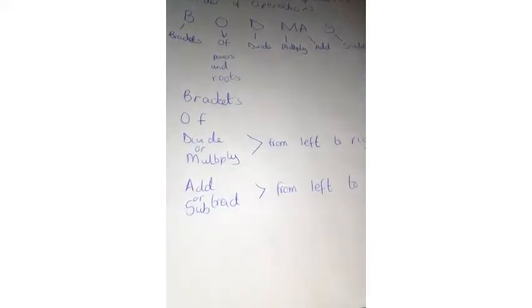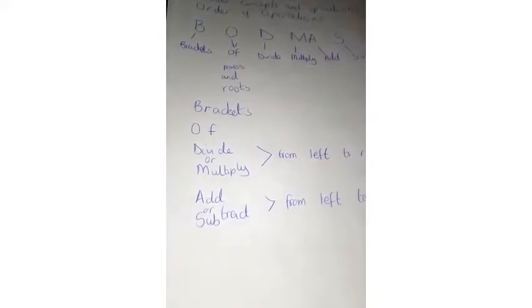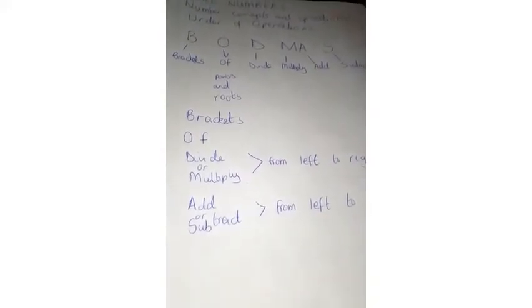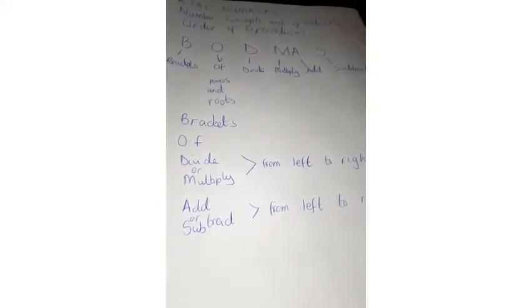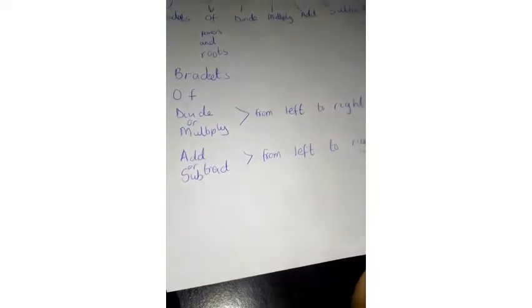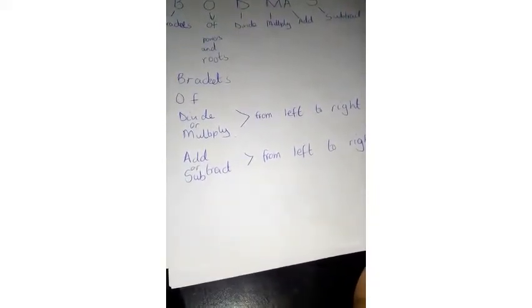What have we said so far? First brackets, then of, then divide and multiply from left to right, and then add or subtract from left to right. So now let us solve a more challenging example.